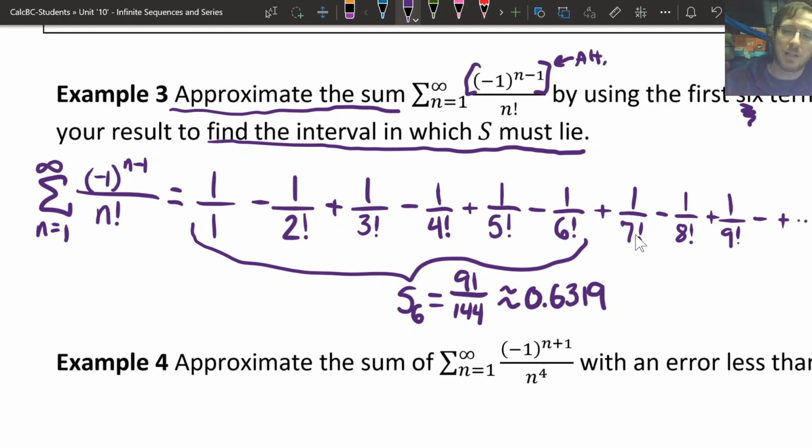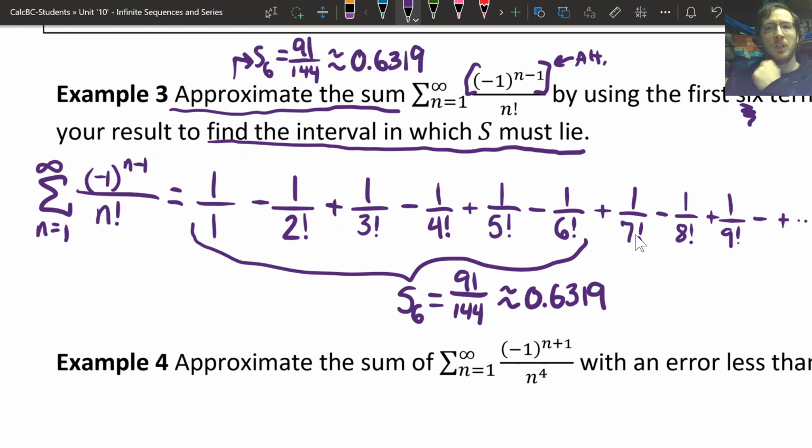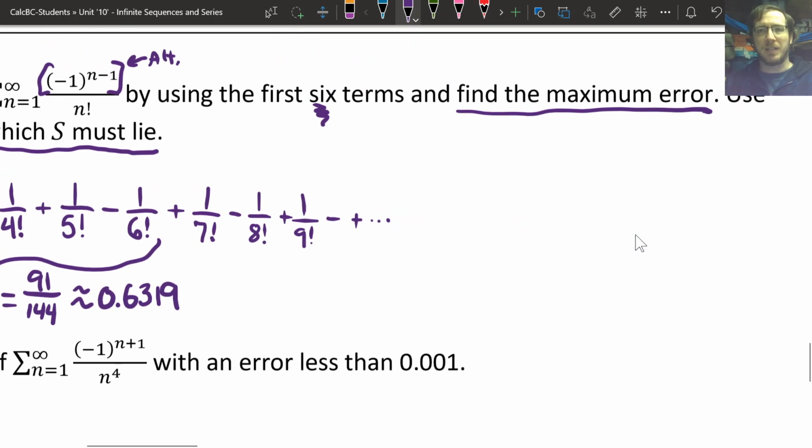So this is our approximation. All right, that's our approximate up here. S sub 6, which is 91 over 144, approximately 0.6319. All right, so next up, they asked us to find the maximum error.